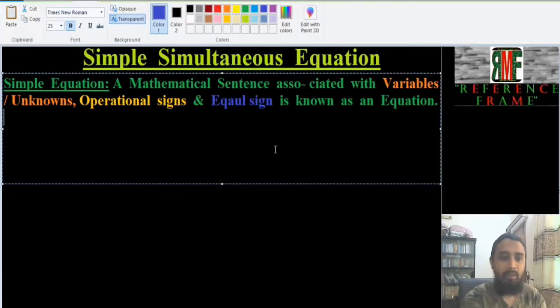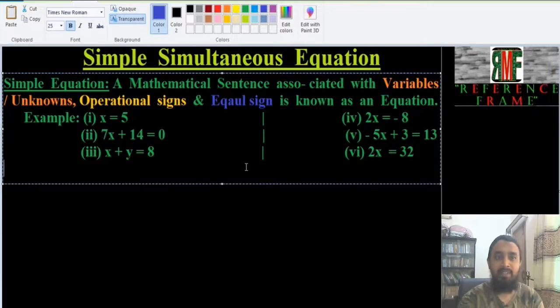Okay, look at the examples. Here we have some examples. x is equal to 5. Look here, x. Here with x we have something in multiplication form: 1 into x. We need to write down 1 because if the coefficient is 1, we need to write it down. So x is equal to 5 is a simple equation where x is the variable, there is an equality sign, and this is a constant.